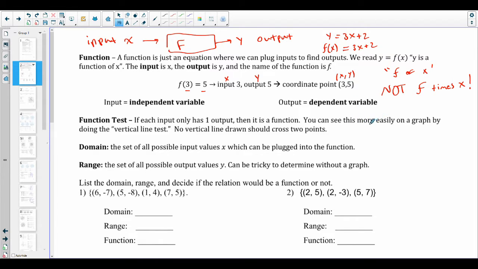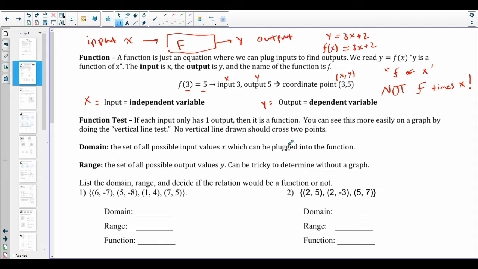Another name for our input is our independent variable. So x is an independent variable. You plug things in, you change it, and y, because the outcome depends on x, we refer to y as a dependent variable. X is independent, y depends on x. Y is the dependent variable.